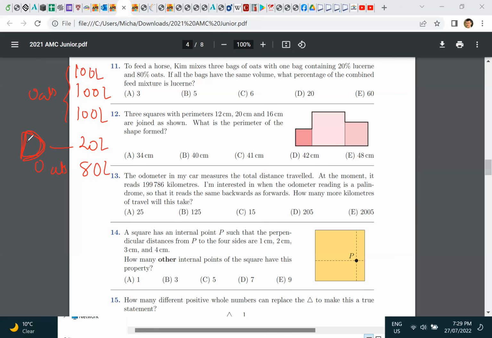Actually, all the numbers end in zero, so you can think of them as 10-liter bags if that helps. So what percentage of all of that is the two, you know?